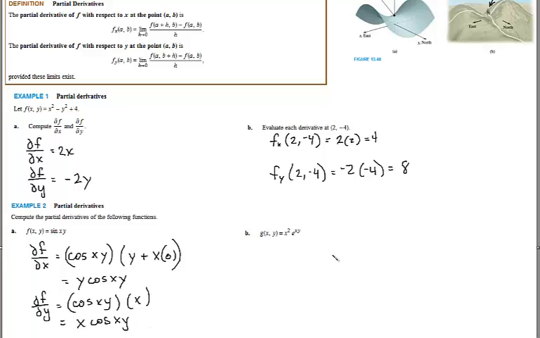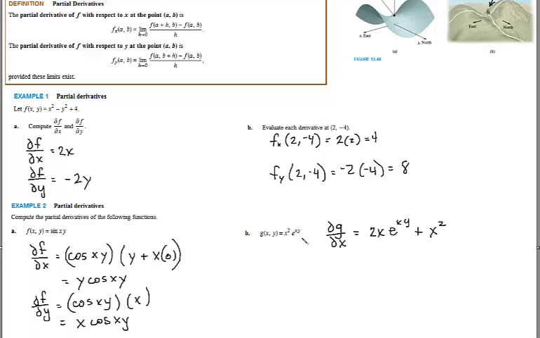I'm going to play over here. The partial derivative of g with respect to x, I'll need the product rule here, so that's going to be 2x, leave the other guy alone, plus x squared times the derivative of this e to the xy.